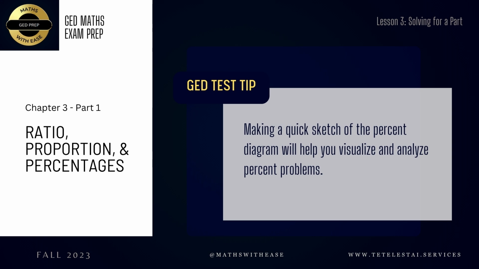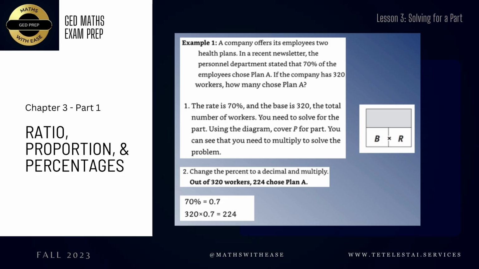So this is telling you that when you take the reasoning test, just make a quick sketch of the percentage diagram to help you analyze the percentage problems. This is the percentage diagram. We know that P goes on top here. We know that on the border, on the 2 lines here, we have your division symbol, and then in between your base and your rate, we have the multiplication symbol.